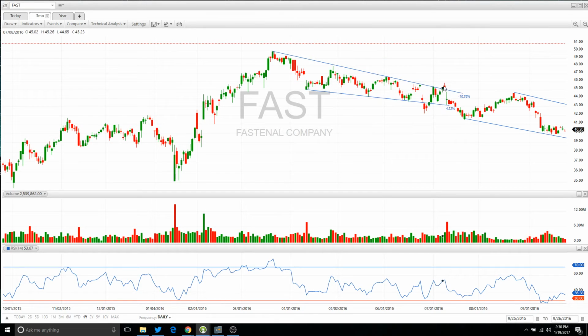So you can follow these, and a lot of people will hold, or what I end up doing is I sell maybe 50% of my positions here and hold and wait for a confirmation whether it's going to go past the support or past the resistance and confirm support, or is it going to go back down.